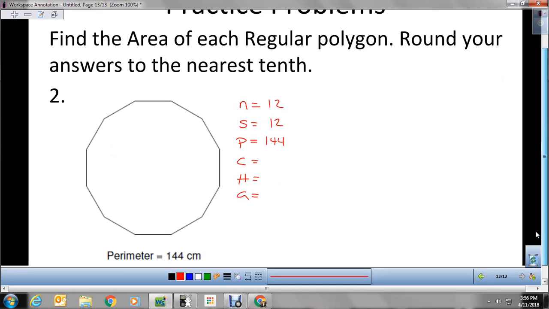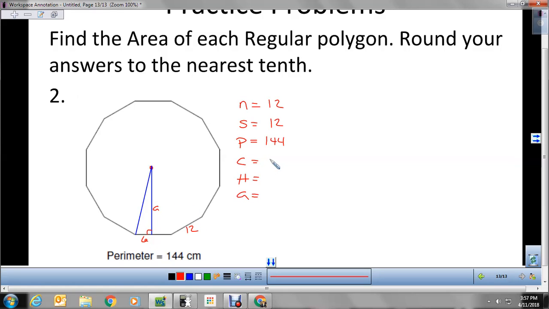So our side length is 12, which means half of our side length is going to be 6 again. So draw our apothem. Set up our right triangle. There's our right angle, and there's the apothem. So this is going to be 6 right here.